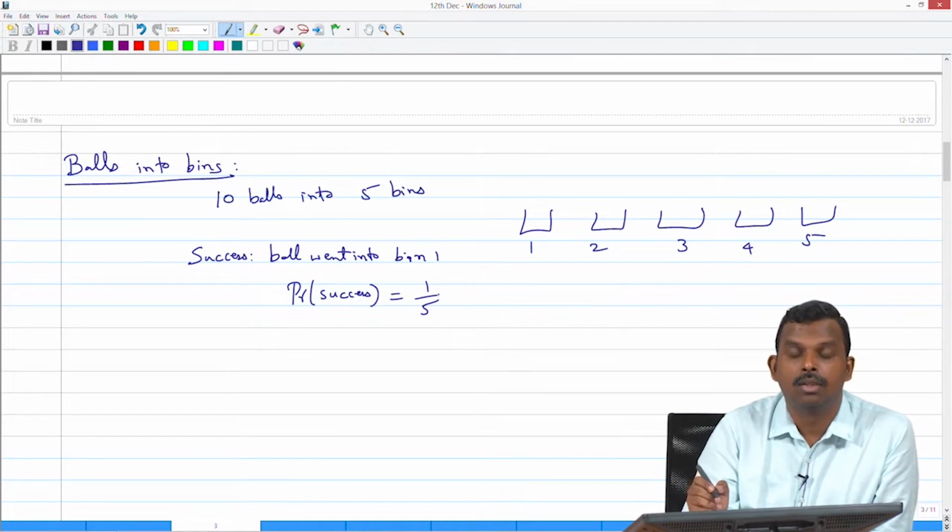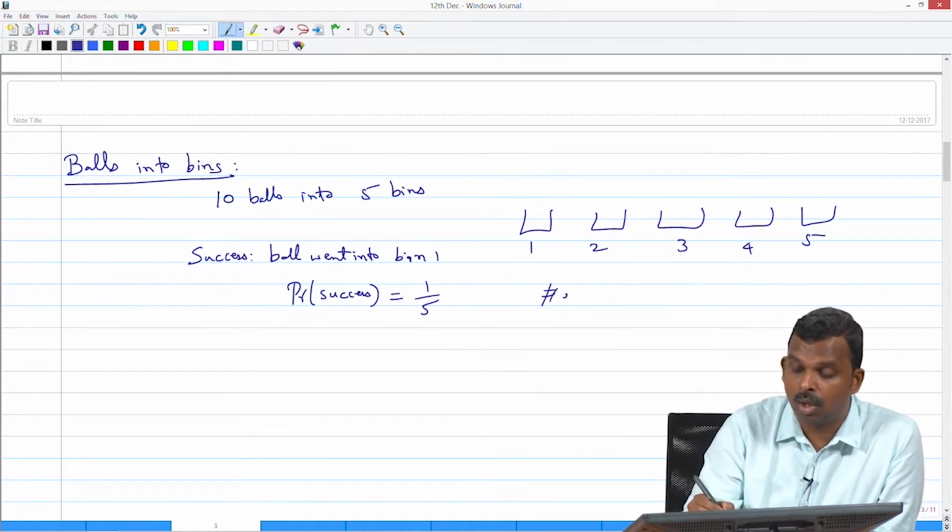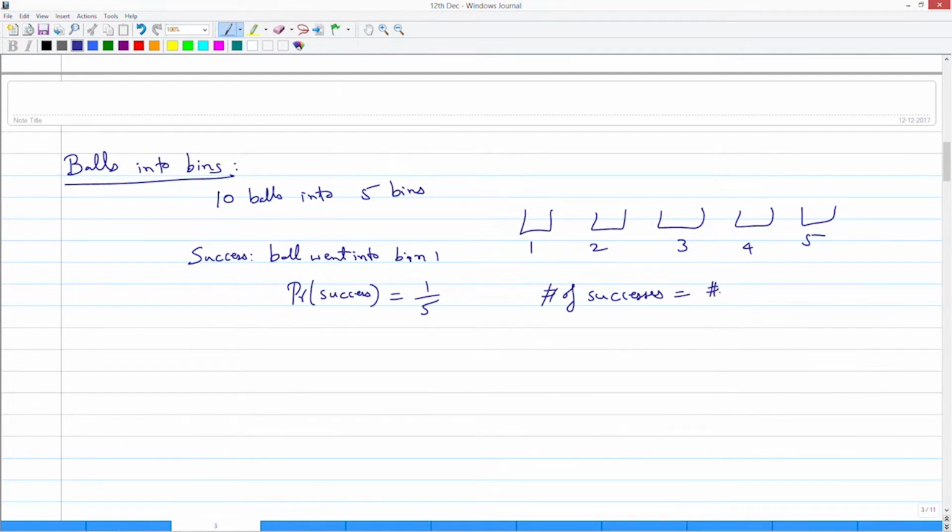So, what is the number of successes? It is actually the number of balls in bin 1, right. If you were to only worry about the number of balls that got into a particular bin, say for instance bin 1 here, this is nothing different from a coin toss and counting the number of heads, except that instead of probability of heads and tails being half each, probability of success is 1 by 5.